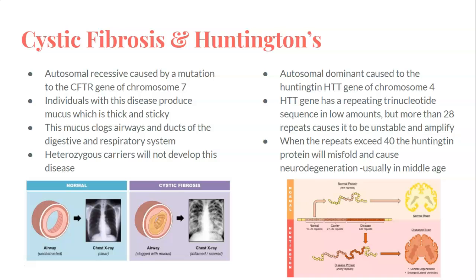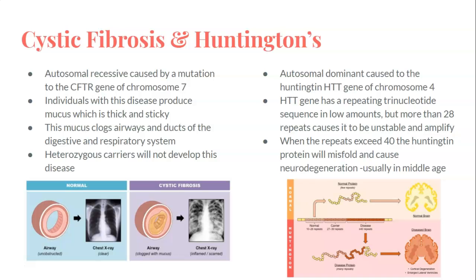Now we're going to flip over to the right side and we're going to talk about Huntington's, which is an autosomal dominant disorder. This is caused by a mutation on chromosome 4, and it has a repeating trinucleotide sequence. While that gene typically does have some repetition, more than 28 repeats causes it to be unstable and amplify even further.